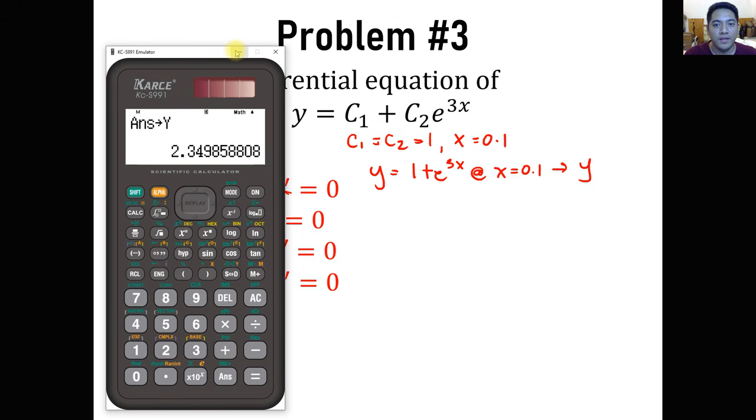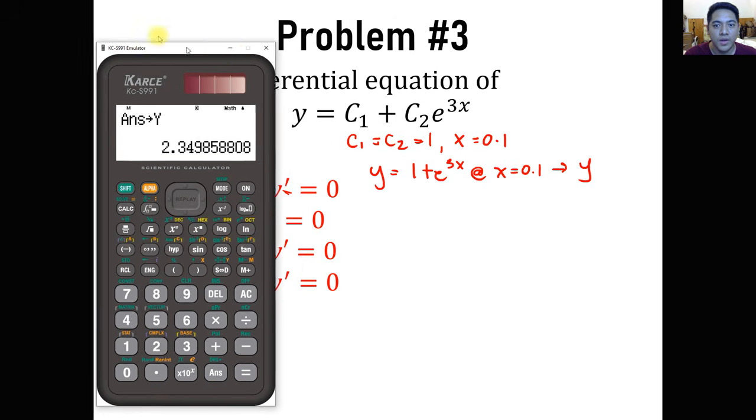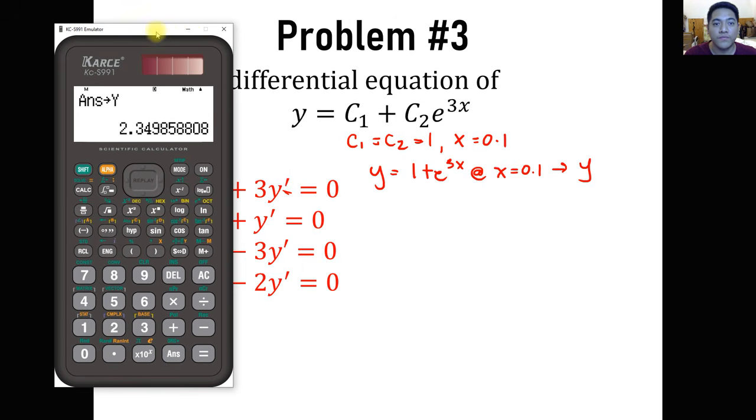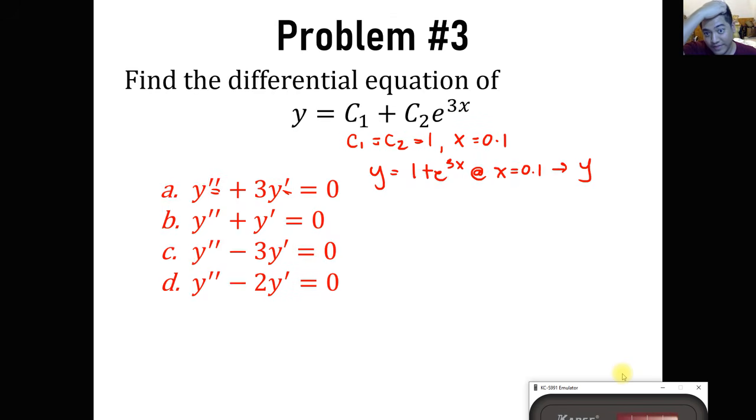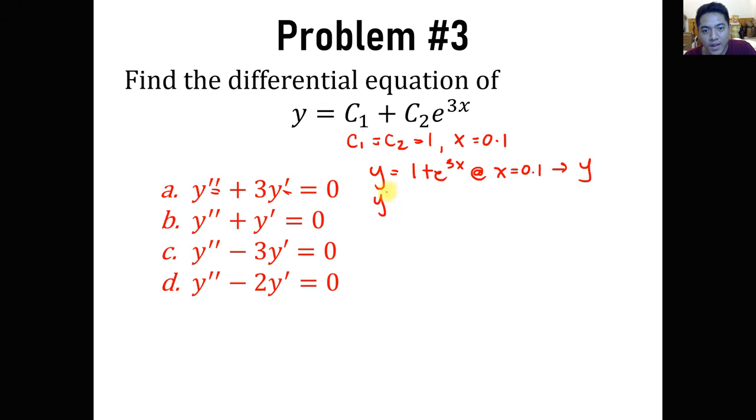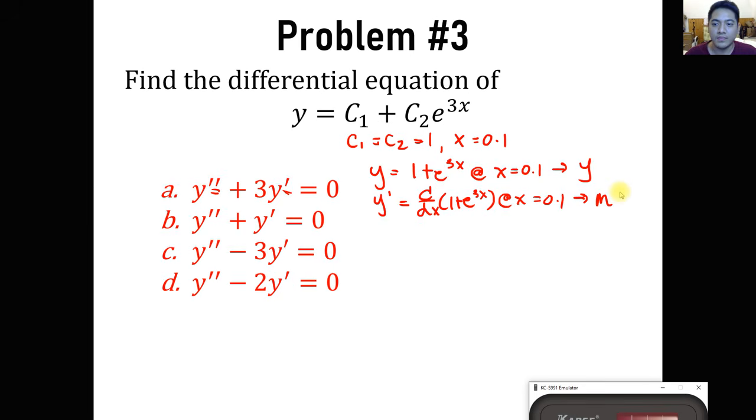And next is, of course, we are going to get the first derivative and the second derivative. So for the first derivative, we know that that would be y prime, and then getting the derivative of 1 plus e raised to 3x at x equals 0.1. And that we will store again to m.